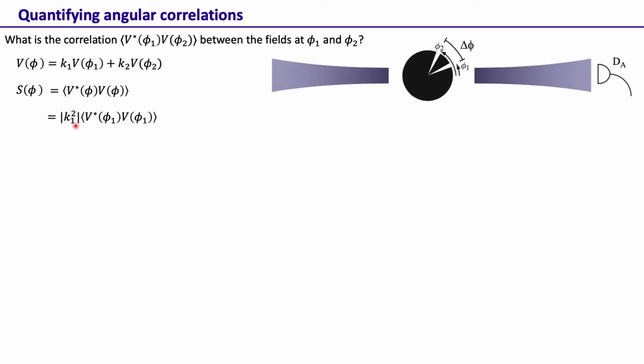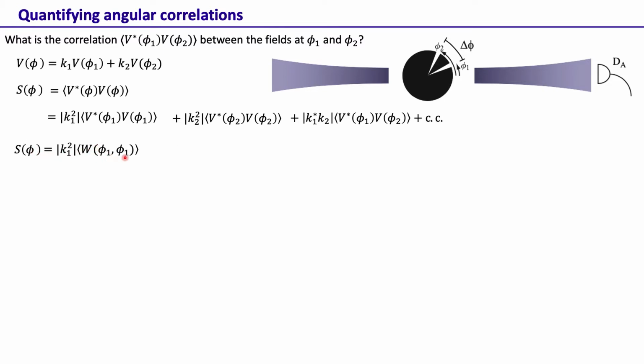So V star phi, V phi, will have a contribution from the first slit, a contribution from the second slit, and then the cross term. So this is V star phi 1, V phi 1, V star phi 2, V phi 2, and then the cross term. So this one is essentially W phi 1 phi 1, W phi 2 phi 2, and then the cross term.